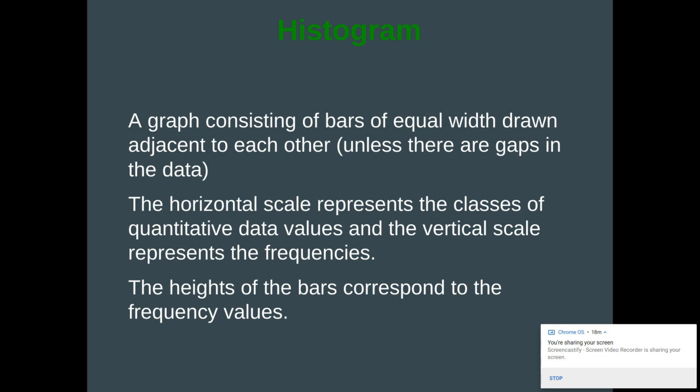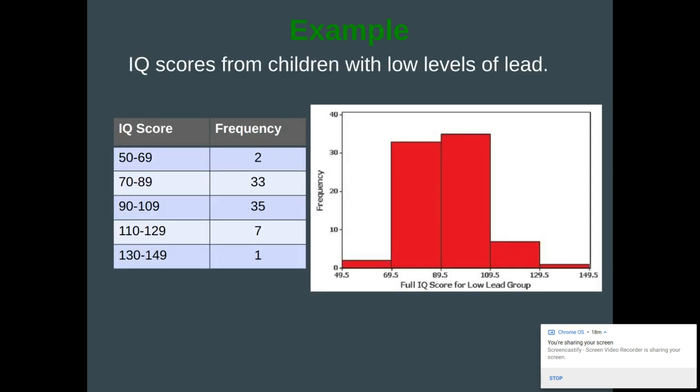There's no gaps between the bars. If there's a gap between the bars, we assume that there's a gap in the data, such as with the pennies. In a histogram, our horizontal scale, or our X scale, is the classes, and our vertical scale is the frequencies or relative frequencies. And the heights of those bars show how frequent those values were.